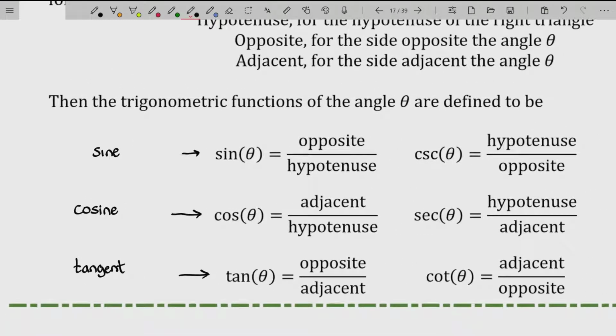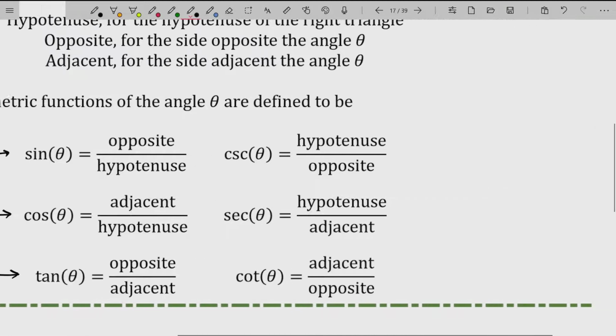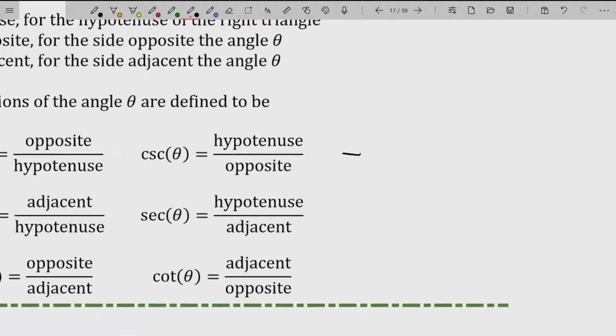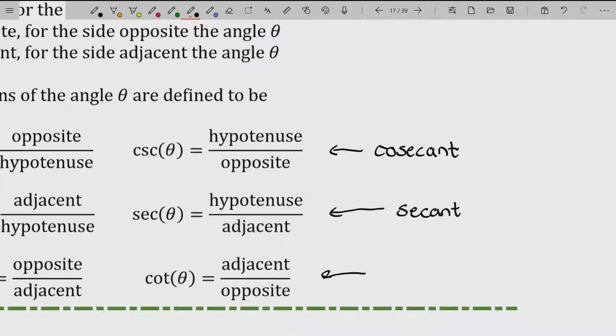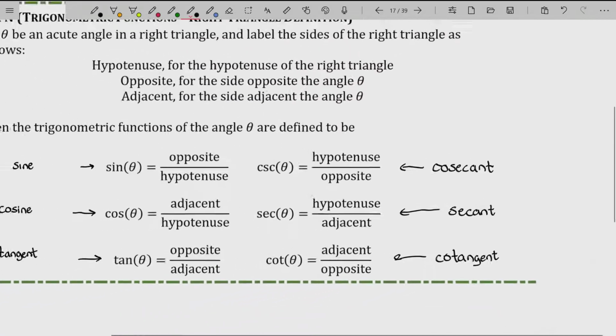In other words, functions of angles. There's the cosecant, and then we have the secant, and then we have the cotangent. You see that word co comes up a lot. It's going to be important later on, but for right now, let's just not worry about it.